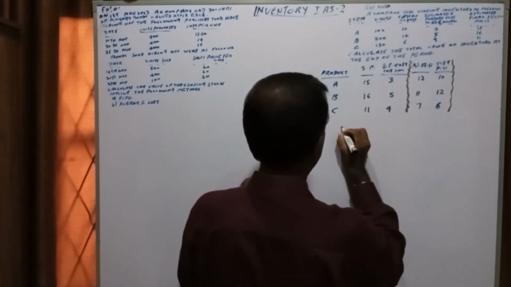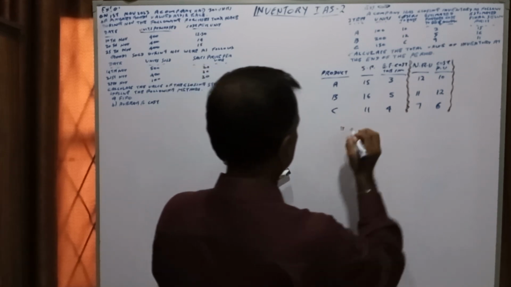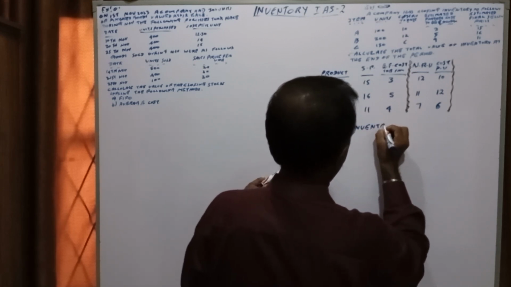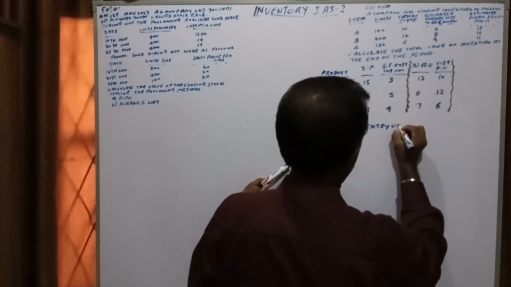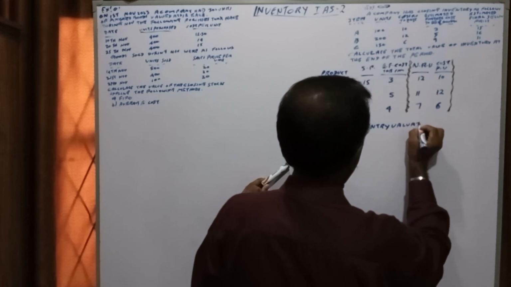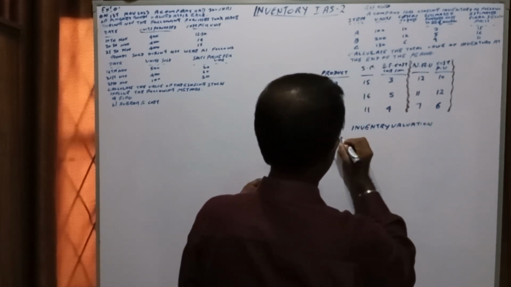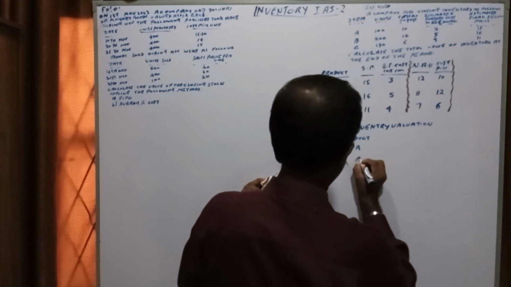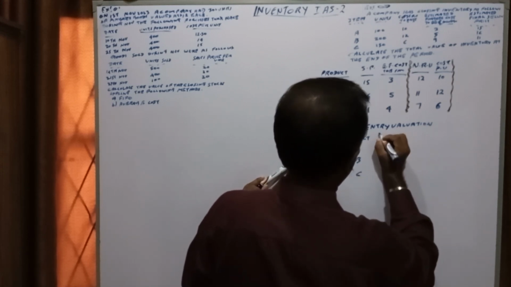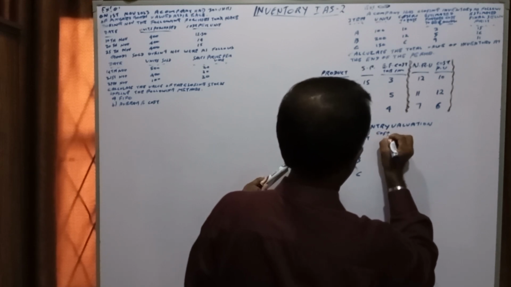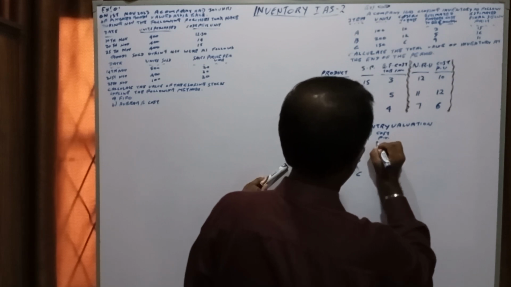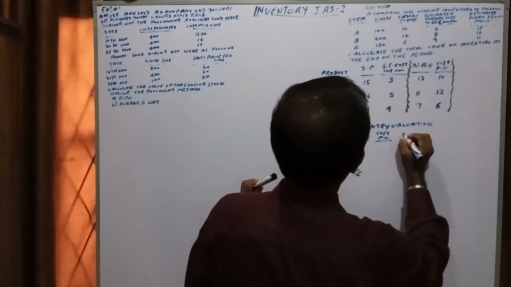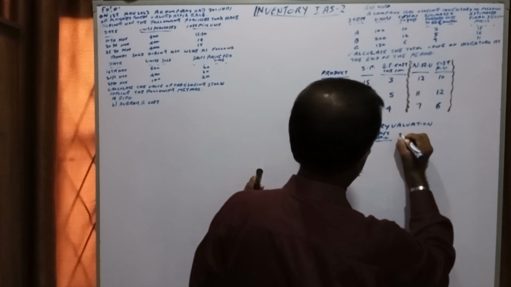Inventory valuation: here we have products A, B and C, cost per unit, and closing units available on hand.